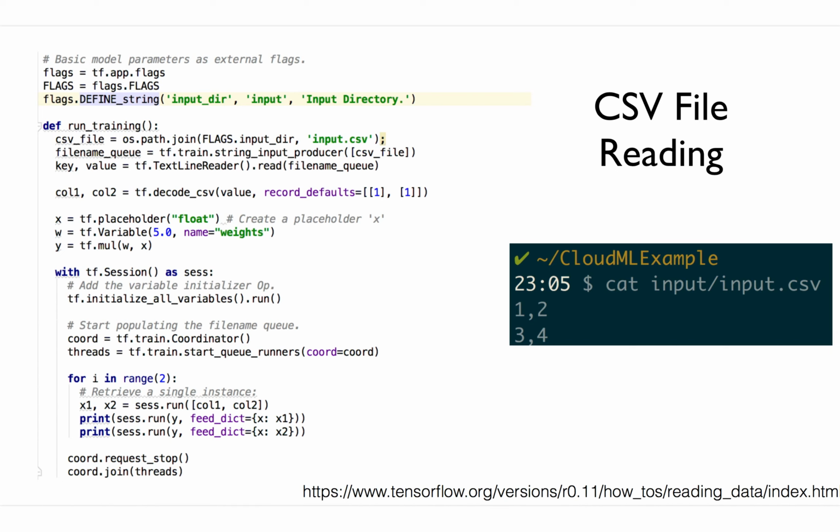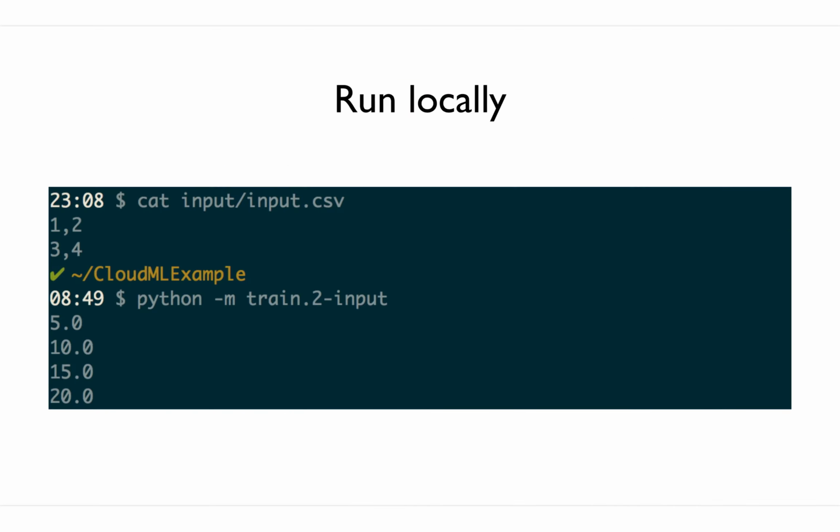And the really good news is that because all TensorFlow APIs support GS locations, meaning Google Storage locations, once we have something like this, we don't have to change anything in the source code. So this code can either run locally, and we can also feed the directory as a Google Storage path. So first of all, let's try to run that locally. Once again, we assume that we have a file input.csv in this location, and then we just execute this one.